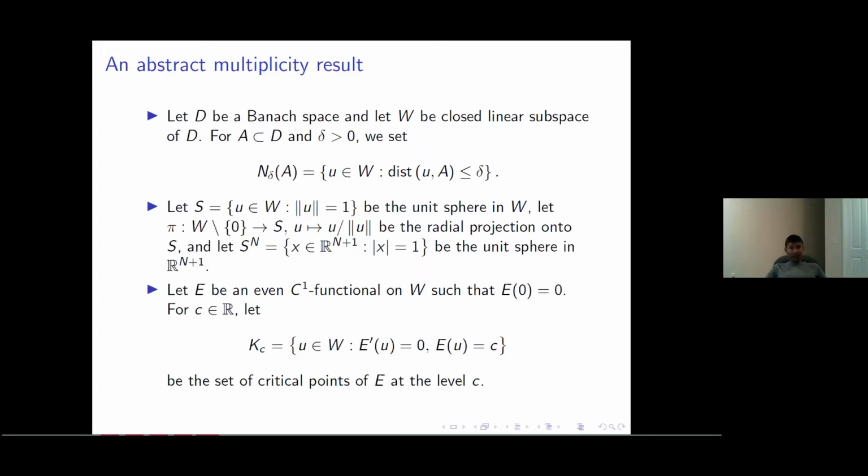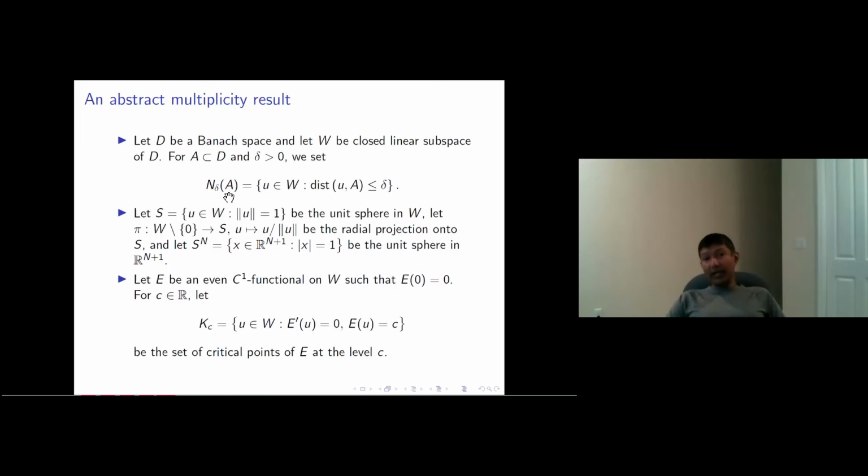Suppose D is a Banach space and W is a closed linear subspace of D, and for a subset A of D, we will denote by the delta neighborhood of A in W, and we will denote by S the unit sphere in W, and by pi the radial projection onto the unit sphere, and finally we'll denote by S^n the unit sphere in R^(n+1).